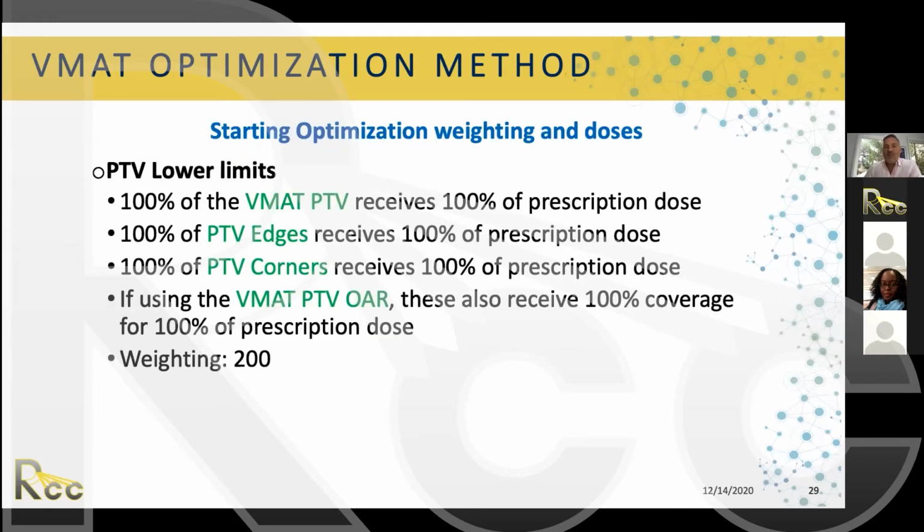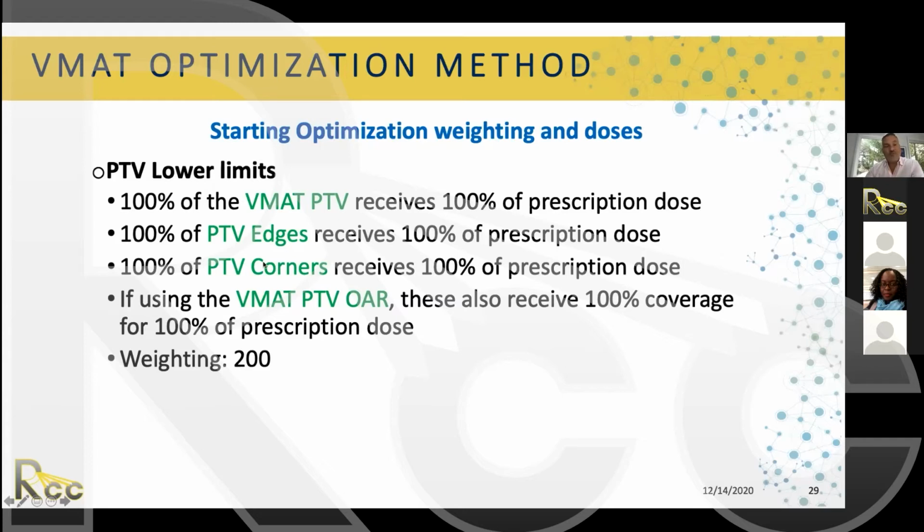The way we start the optimization with this method is by putting lower limits and upper limits on the PTVs and the ring structures. Remember, those are the structures that we talked about last Thursday. So we're not going to go through the details on how to use them.